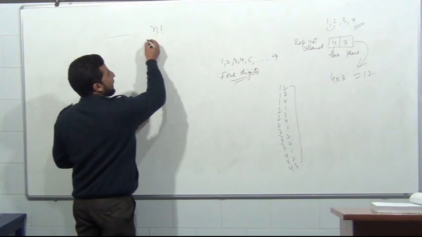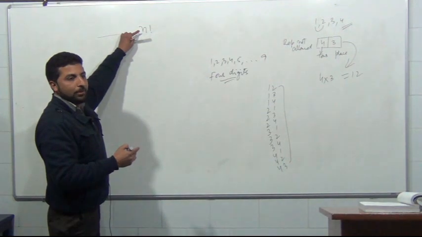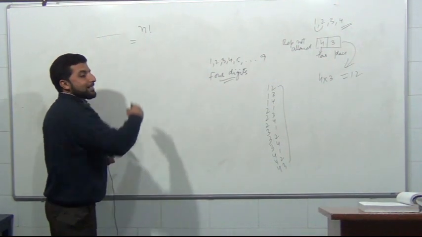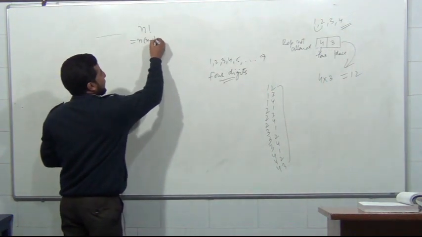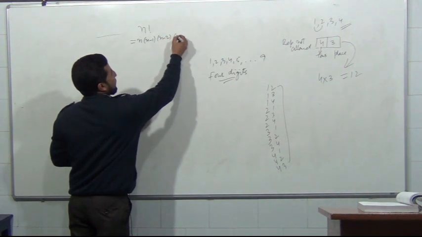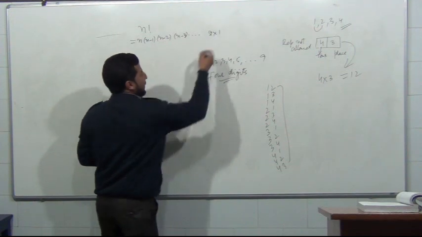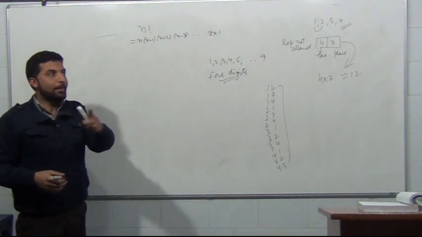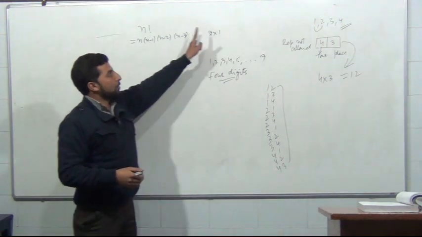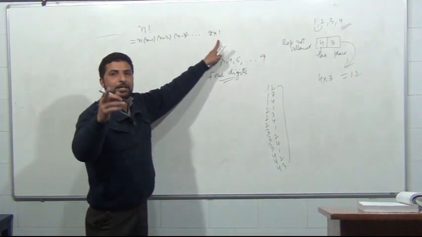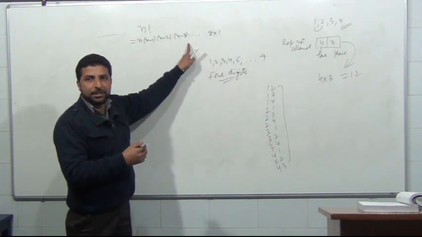N factorial, if n is a natural number, even a whole number, is n into n minus 1, n minus 2, n minus 3, so on up to 2 and 1. That means you have to decrease n up to 1, by subtracting 1 from the preceding term.